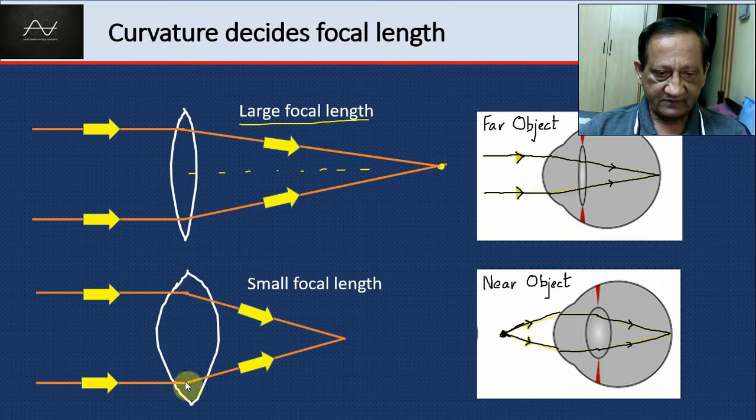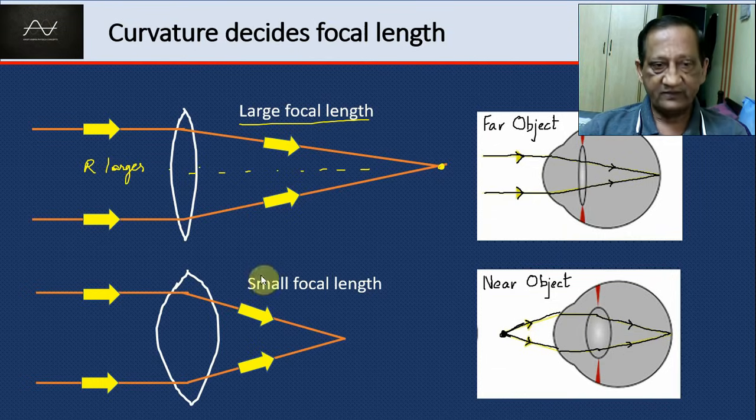The radius of curvature of both the surfaces has an important bearing on the focal length. This radius is larger. If I consider both of them to have the same radius of curvature, that is larger, and here the radius is smaller.